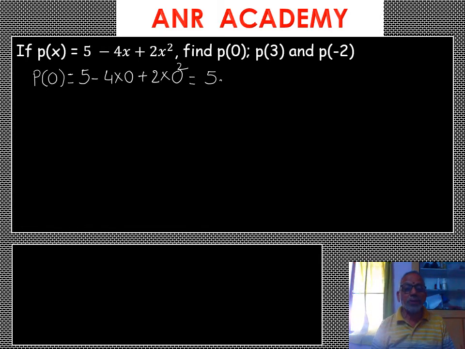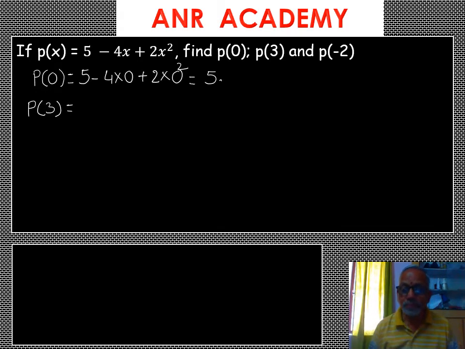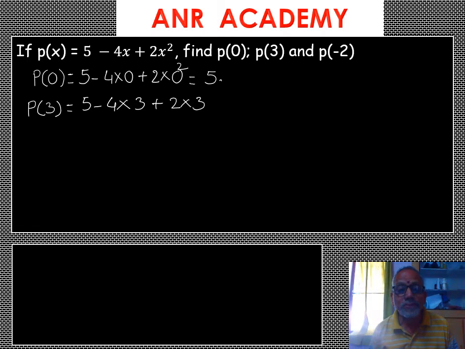So now let us find P of 3. What is the meaning of P of 3? In the polynomial, in place of x, you have to take 3. So 5 minus 4 into 3 plus 2 into 3 square. Clear?